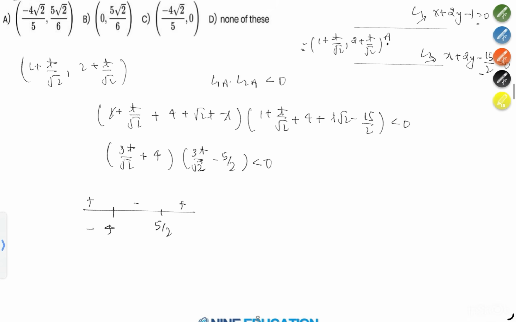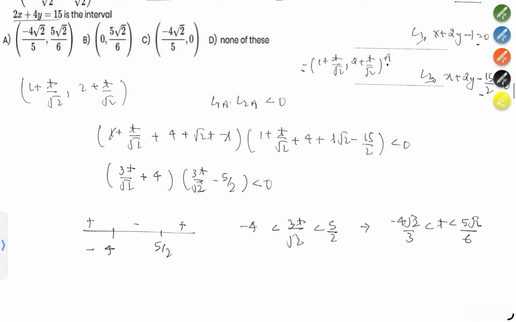So using the wavy curve method with plus, minus, plus signs, we get 3t by root 2 lies between minus 4 and 5 by 2. If you simplify it, you get t between minus 4 root 2 by 3 and 5 root 2 by 6. So option A is correct.